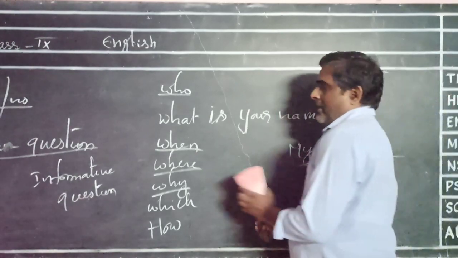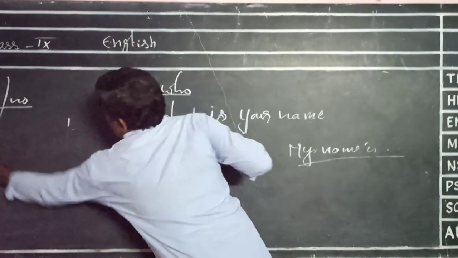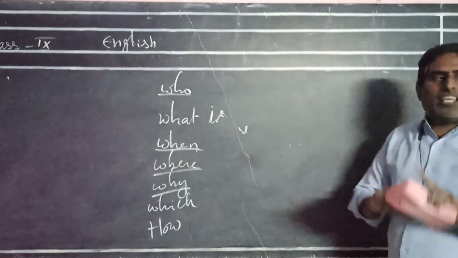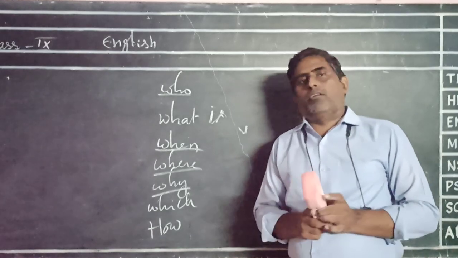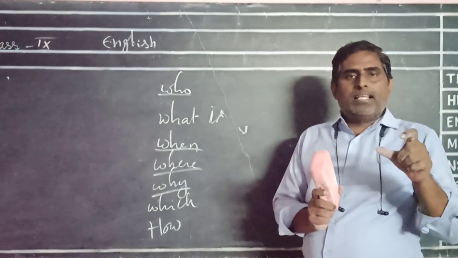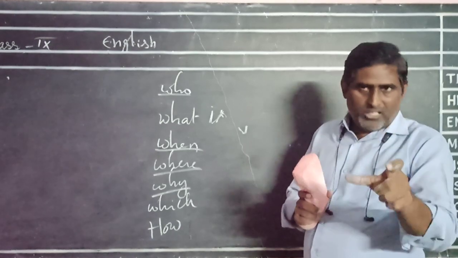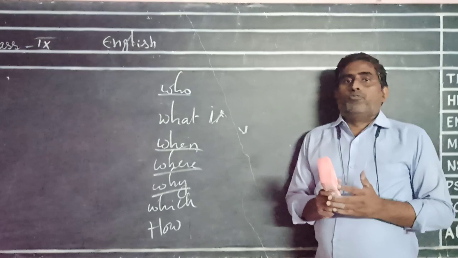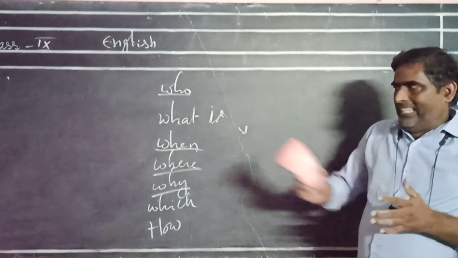We have a question in the paper. They'll give you a complete paragraph. In that paragraph, they'll underline some parts or words. What we have to do is frame a question in this format.